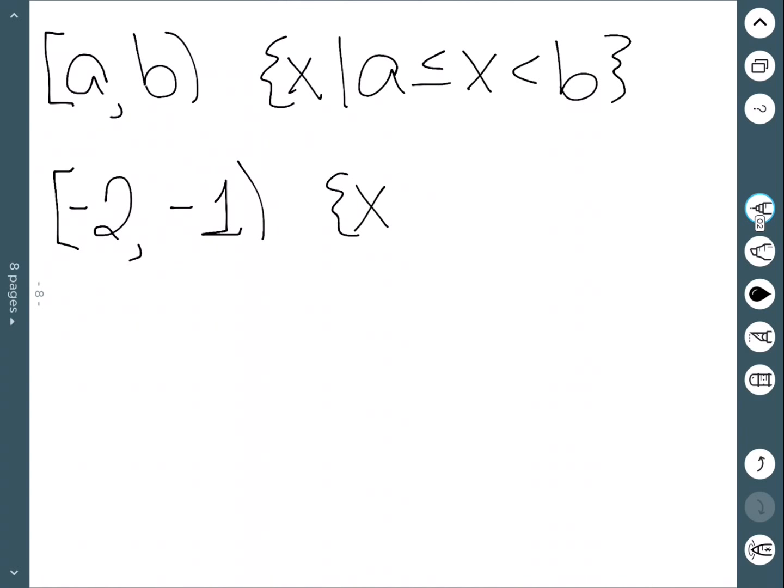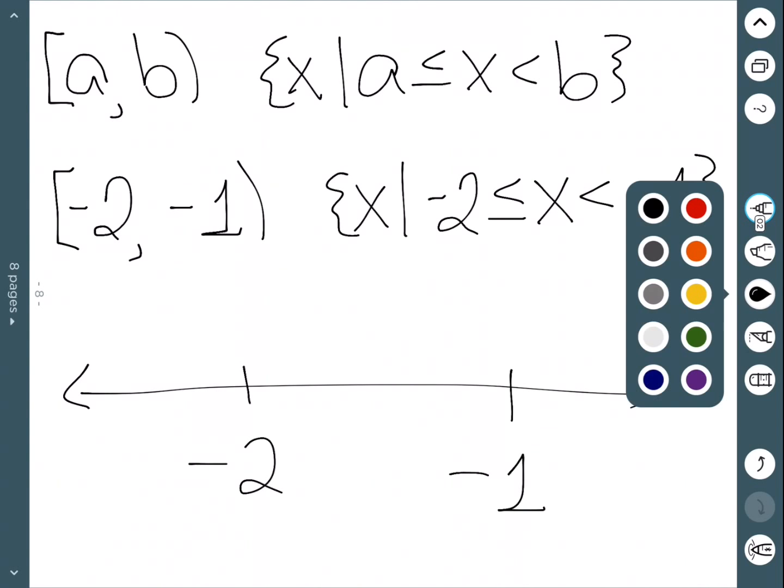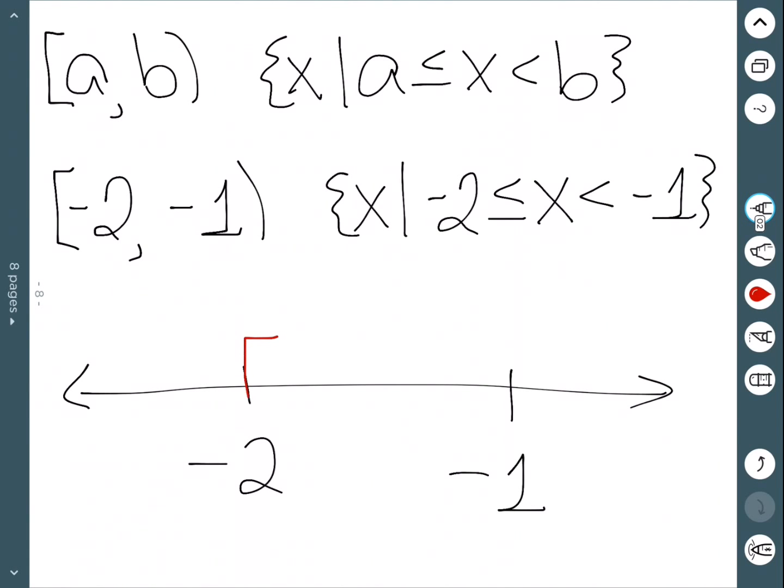This would be the set of all numbers greater than or equal to -2 but still less than -1. On our graph, we would have a square bracket at -2 and a parenthesis at -1. And once again, you could use a closed dot on -2 and an open dot on -1 and shade in the middle.